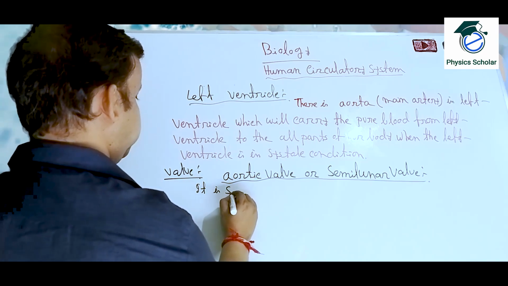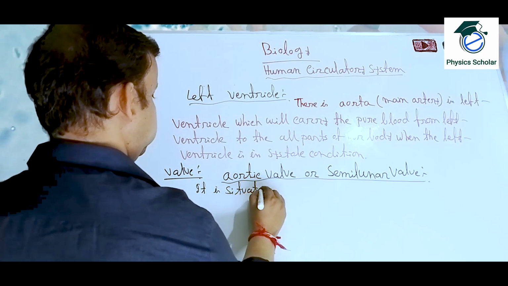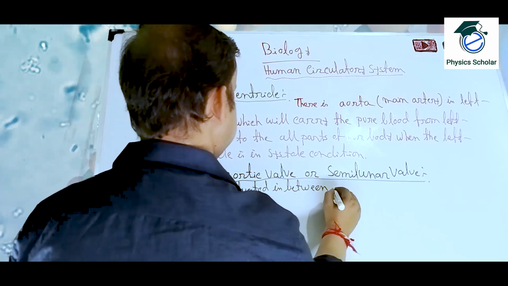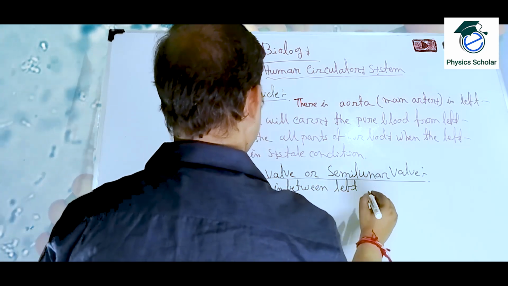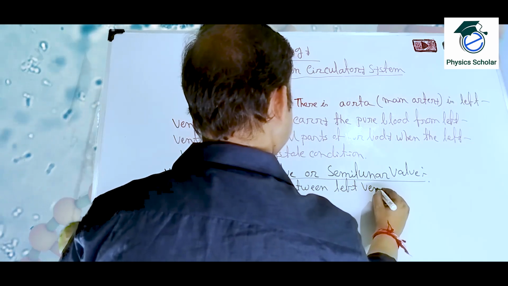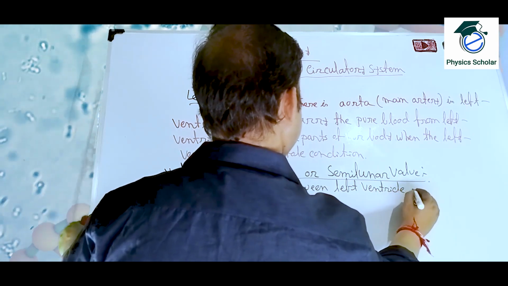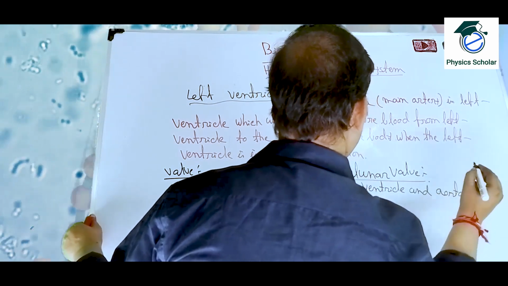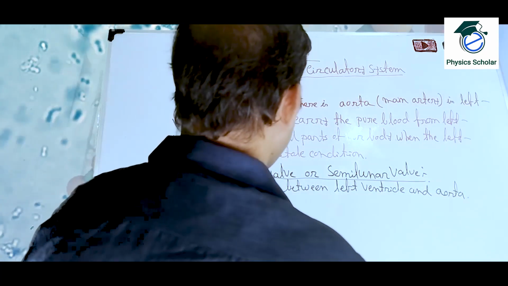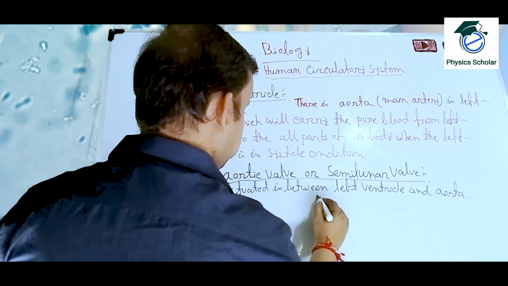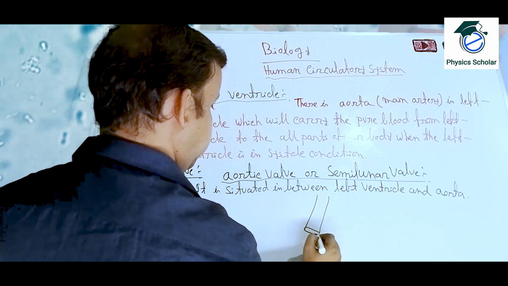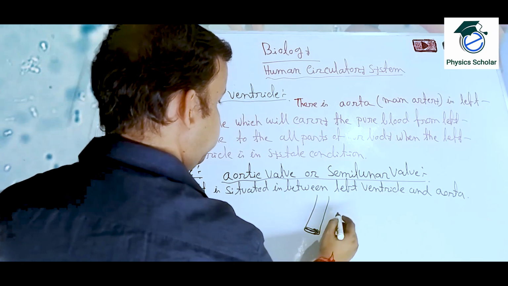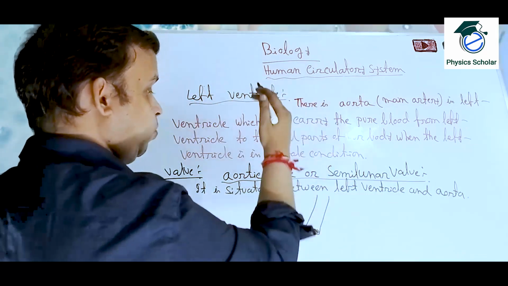It is situated in between the left ventricle and aorta. Clear? What is happening? Suppose this is the aorta. So one valve is there. This valve will open in the upward direction.